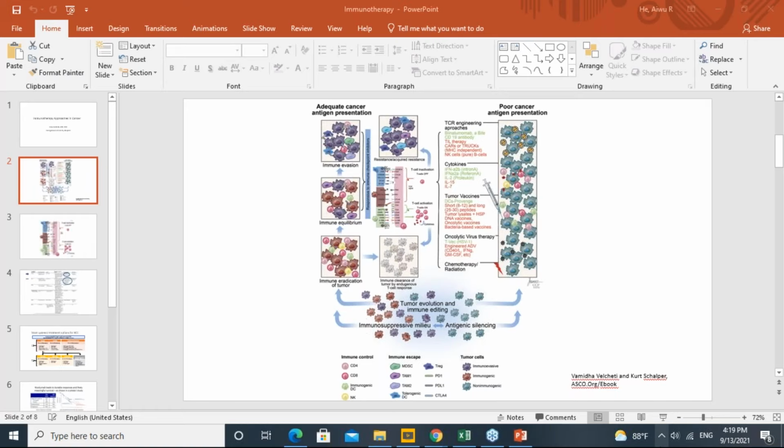In order to overcome this tumor immune evasion, scientists and physician scientists are developing many ways to try to overcome it. If you look at this busy slide, on the top it says adequate cancer antigen presentation.